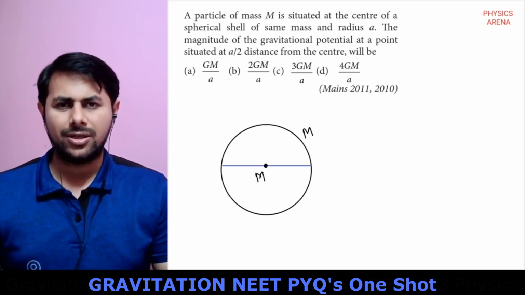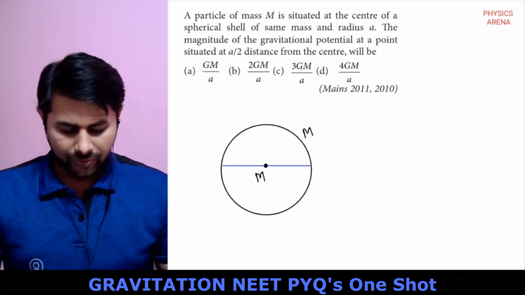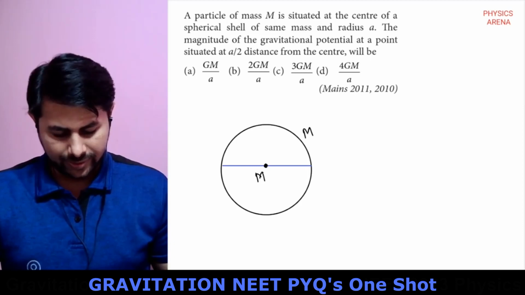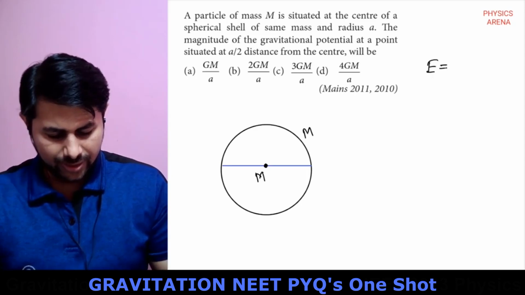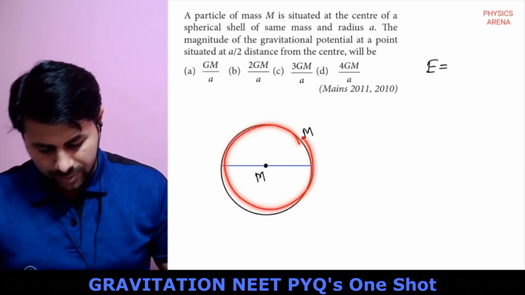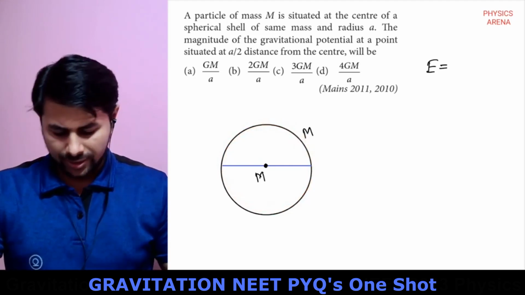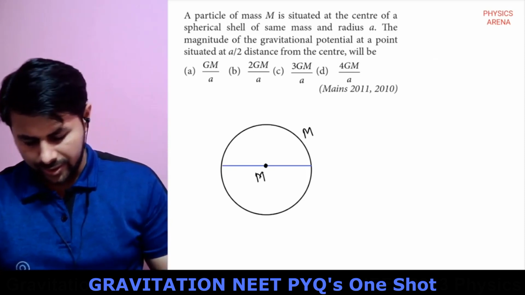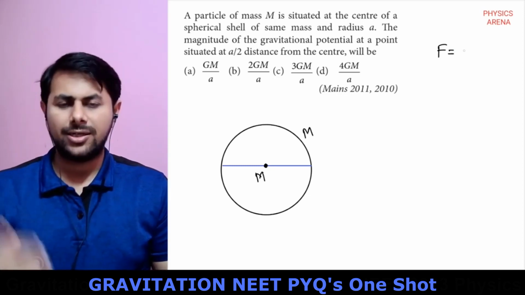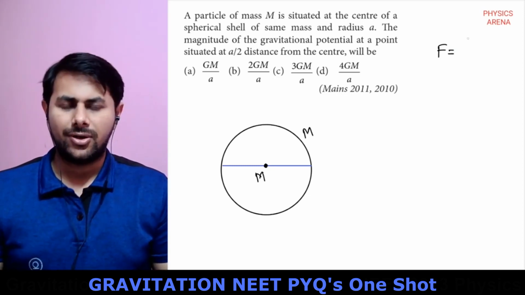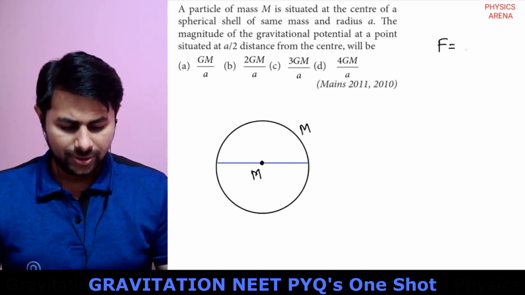Gravitational potential inside the spherical shell is constant. Okay, why is that? What's the reason? See, the gravitational field inside the shell is equal to 0. We had discussed that. The shell doesn't exert any gravitational force on any mass which is kept inside it. The gravitational force is equal to 0.